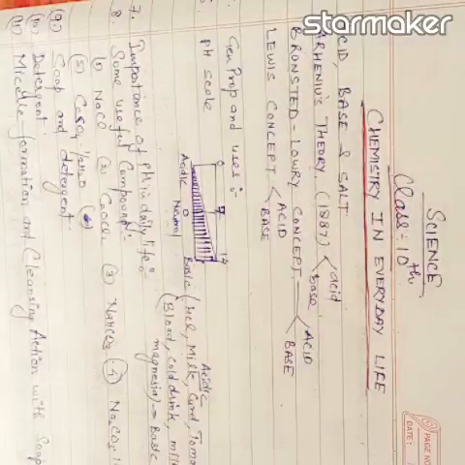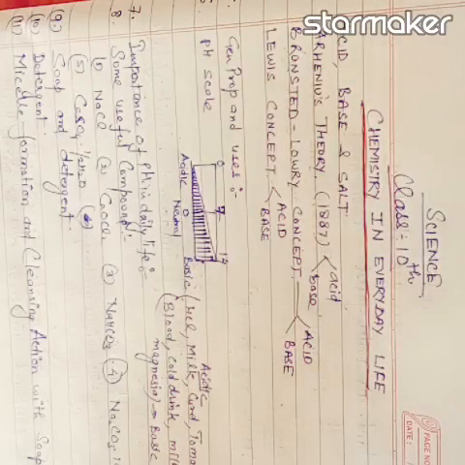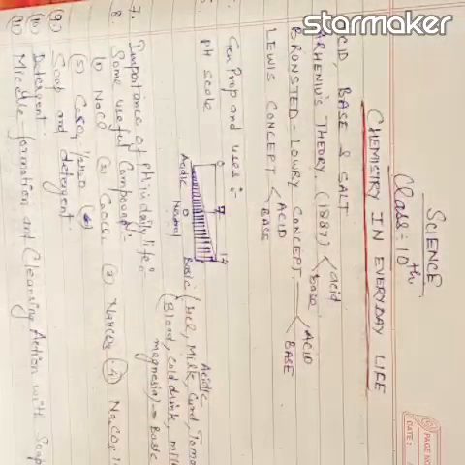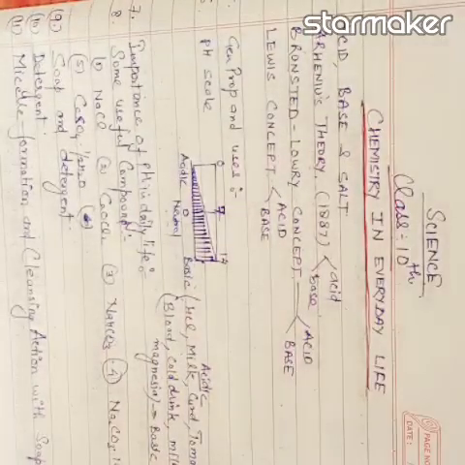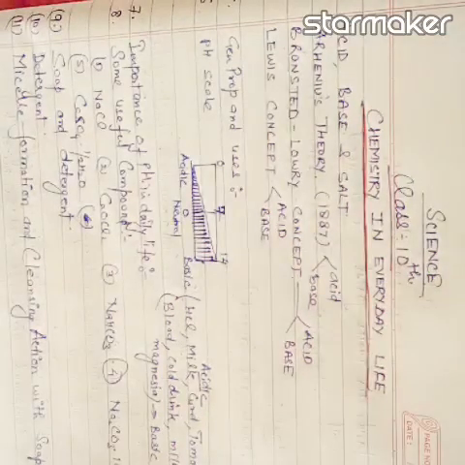In the year 1874, Thomas M. Lowry was born, and John Bronsted was born in the year 1874. According to the Bronsted-Lowry theory, acids are proton donors and bases are proton acceptors. Donors are those who give, and acceptors are those who are ready to take.